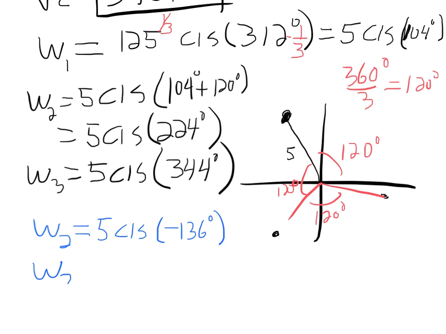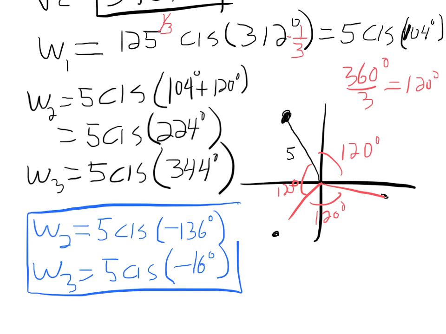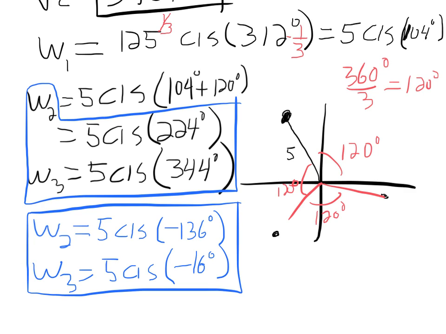And w3, 5 CIS, and subtract 360 from 344, and it's negative 16 degrees. Same result if you convert these all to the a plus bi form. Obviously same answer. And the first one's the same no matter what, regardless of your book. Well, usually, if you have the correct trigonometric form to begin with.